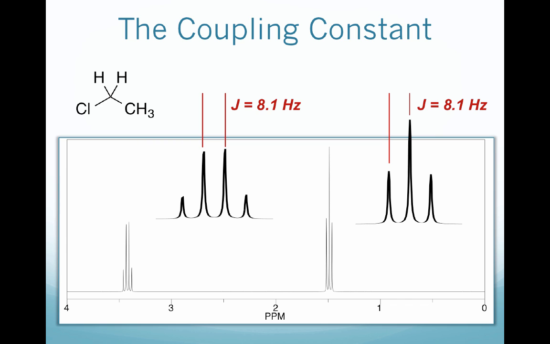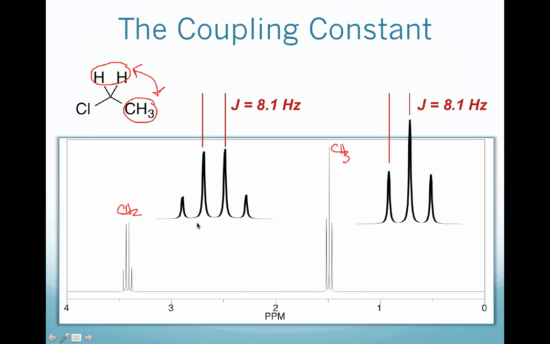Here we have chloroethane, and this CH2 group is coupled to this CH3 group. Here's our CH2, which is a quartet. Here's our CH3, which shows up as a triplet. Since these protons are coupled, the peak spacing must be identical.